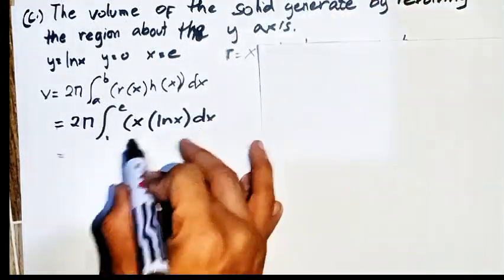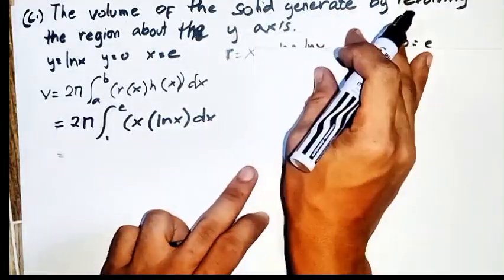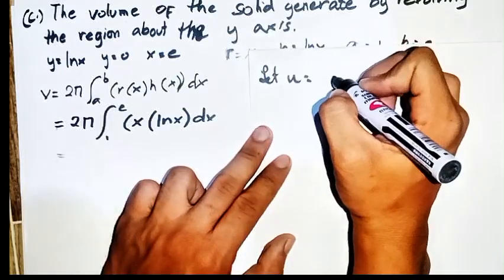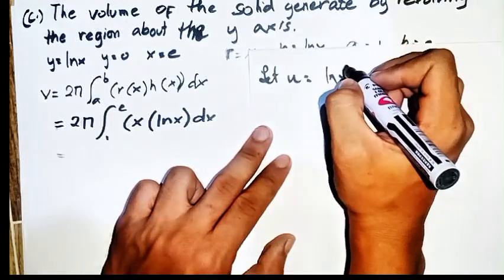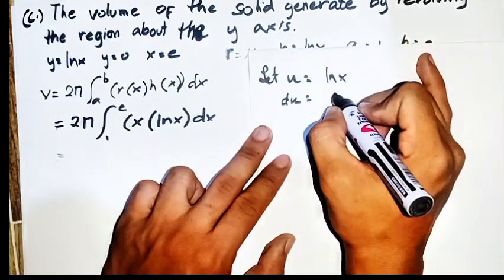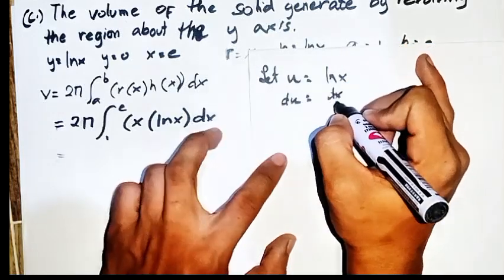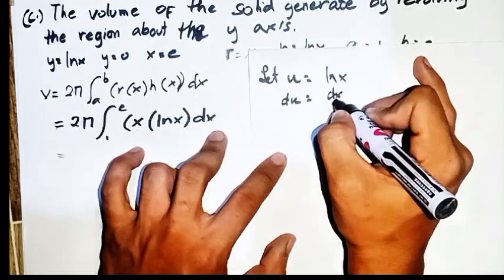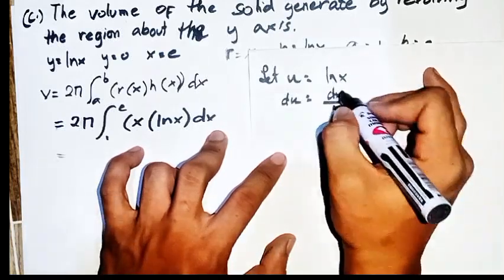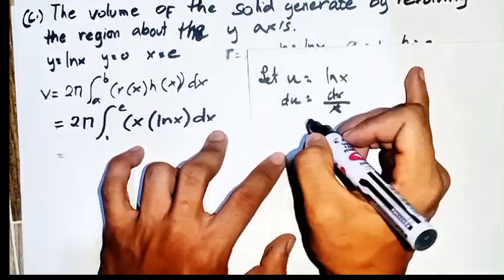To integrate this equation by using integration by parts, we're going to let u is equal to ln x, and our du will become dx over x, since the derivative of ln x is 1 over x.